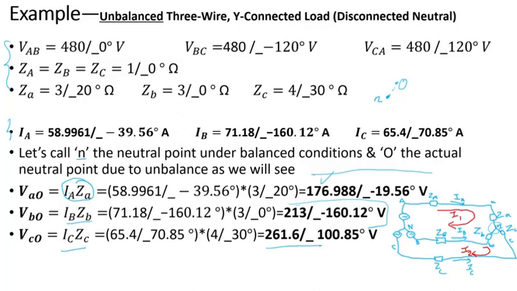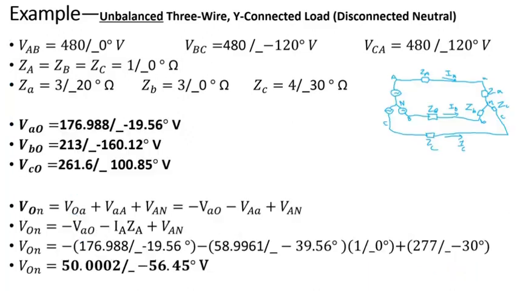You can see it here. For A phase, we got 176. B phase, it's 213, and C phase is 261. So it's clearly the unbalance caused the line to neutral voltages to shift.